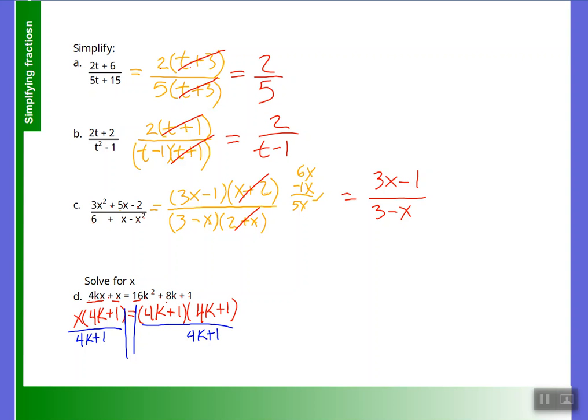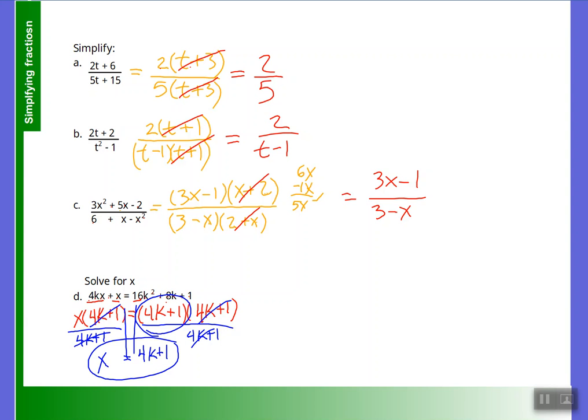Alright, so what's 4k plus 1 divided by 4k plus 1? 1. So we just get x on the left side. And then we have a 4k plus 1 on the denominator, that's going to cancel out one of the 4k plus 1s on the right side. And I'm still going to have a 4k plus 1. So x is equal to 4k plus 1.